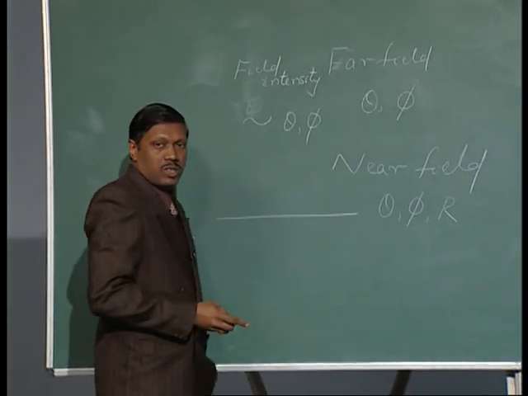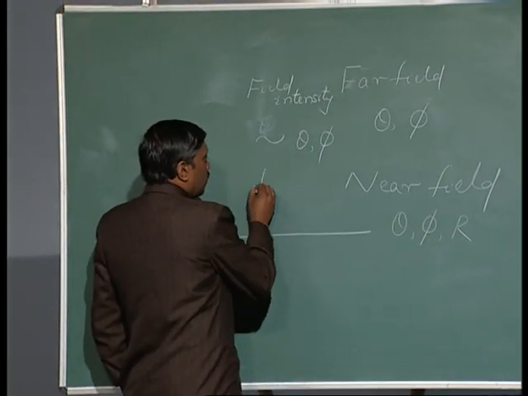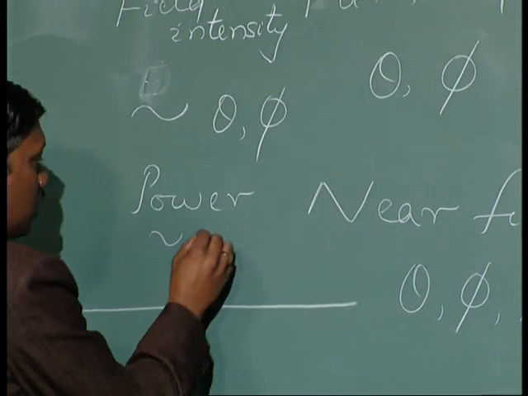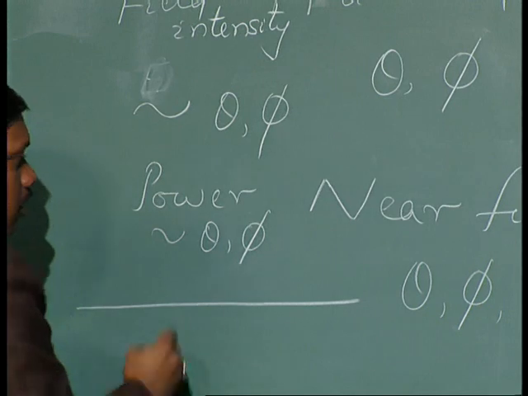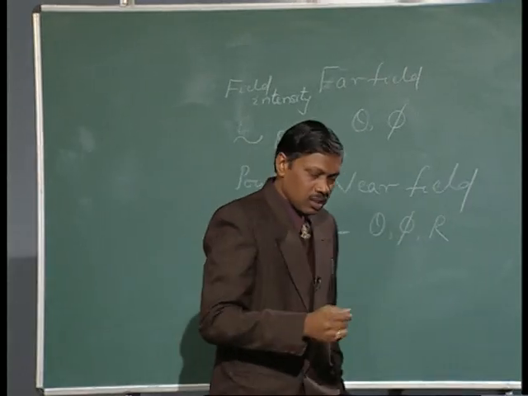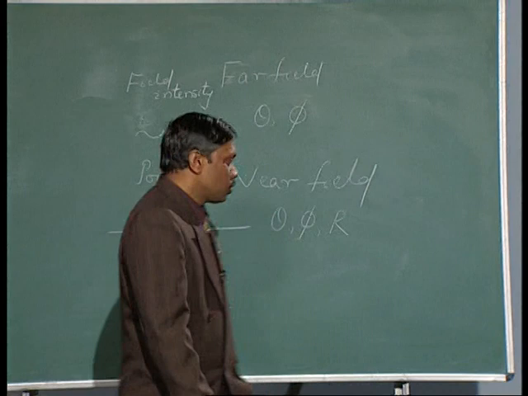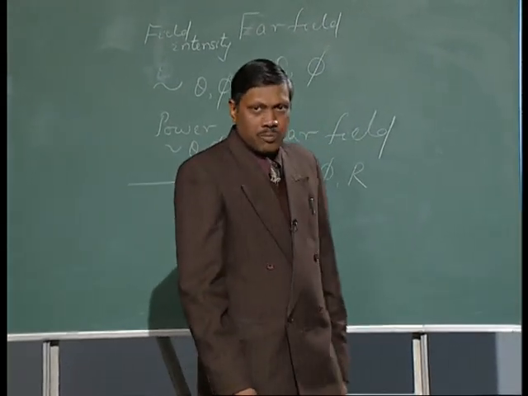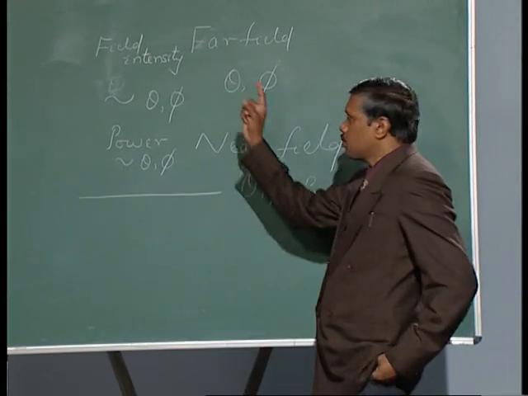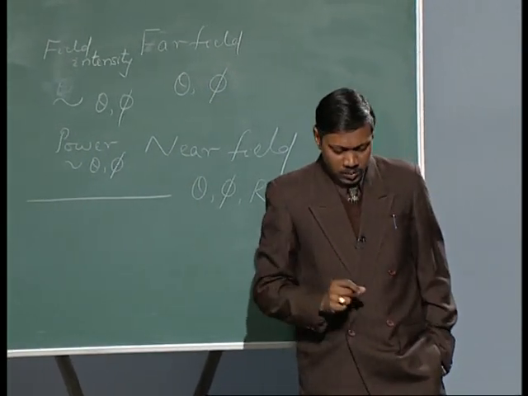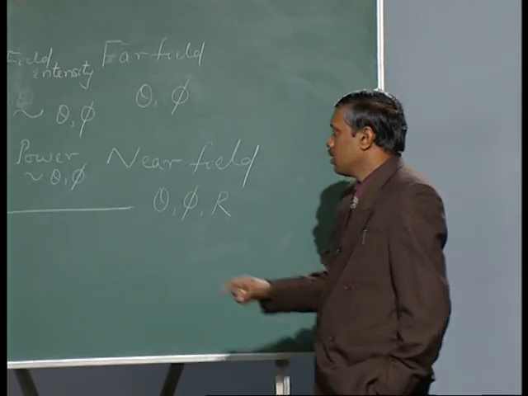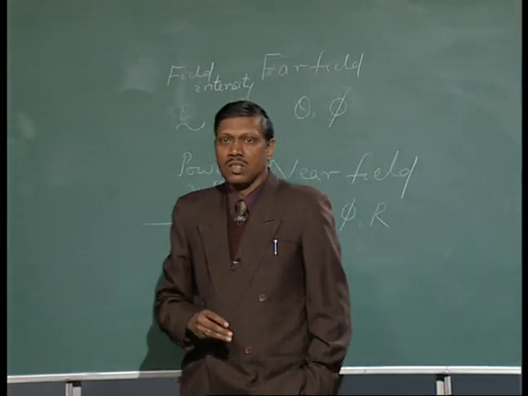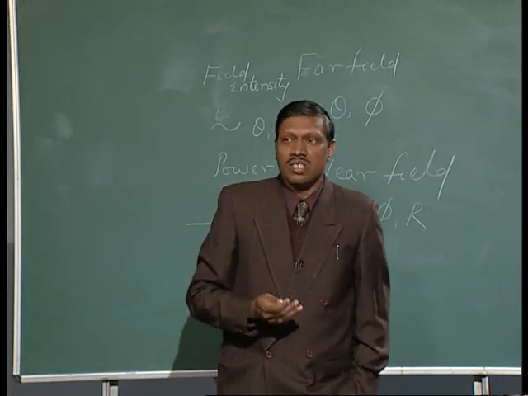It also can be plotted in terms of the power with respect to theta, phi, or theta, phi, r in case of near field. So, the graph that is obtained after plotting this field intensity or the power with variation of theta or phi is basically called the radiation pattern of the antenna.